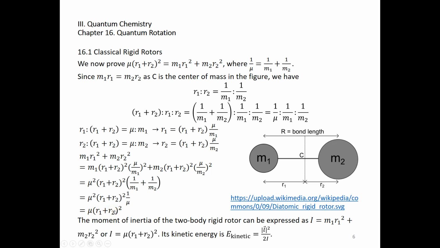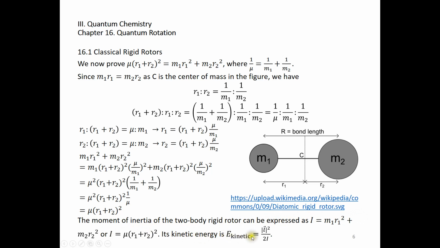So we just proved the moment of inertia can be written as m1 r1 squared plus m2 r2 squared. It can also be written as mu times r1 plus r2 squared. The moment of inertia of the two-body rigid rotor can be written in both ways.